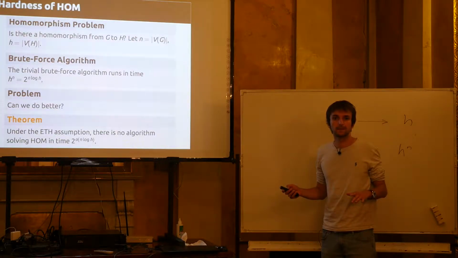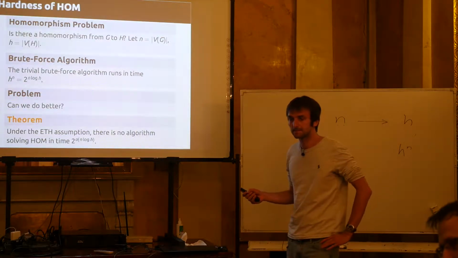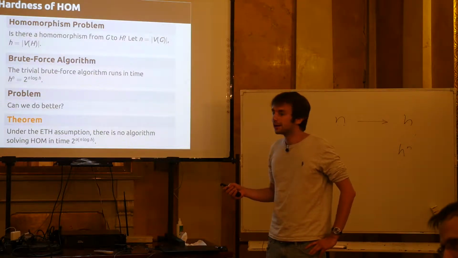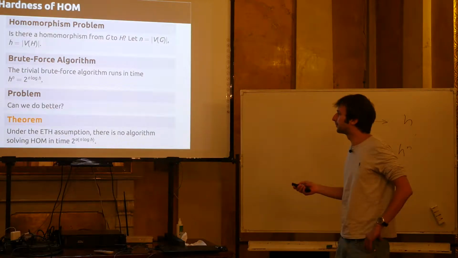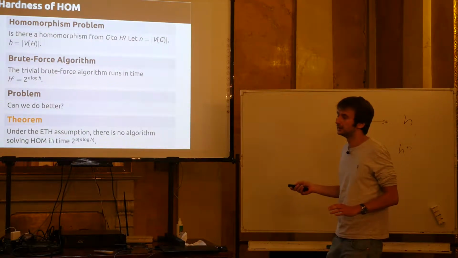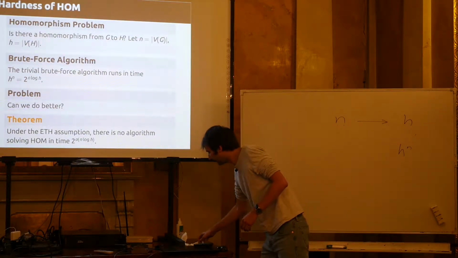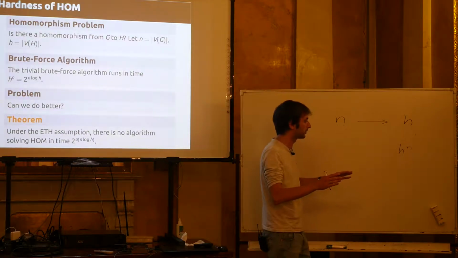Questions? It's not clear. So the claim is that for every H, like from 3 to whatever function of n you want, there is no algorithm. Let me say that when H is equal to 1 or 2, the problem is trivial.